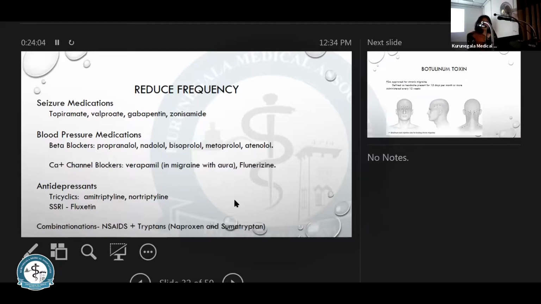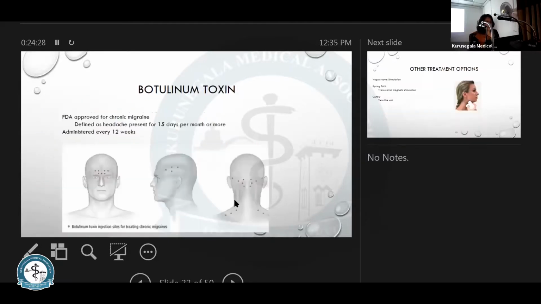The antidepressants, tricyclics, amitriptyline is quite commonly used for migraines in our setup, and fluoxetine, the SSRI. And combinations like topiramate and beta blockers can be used, and the tricyclics and topiramate can be used. Likewise, combinations can be used.